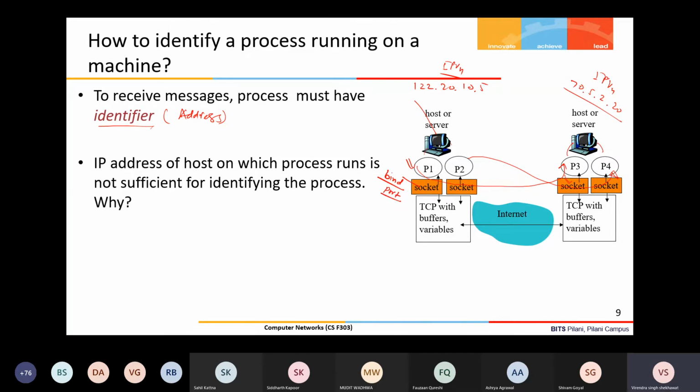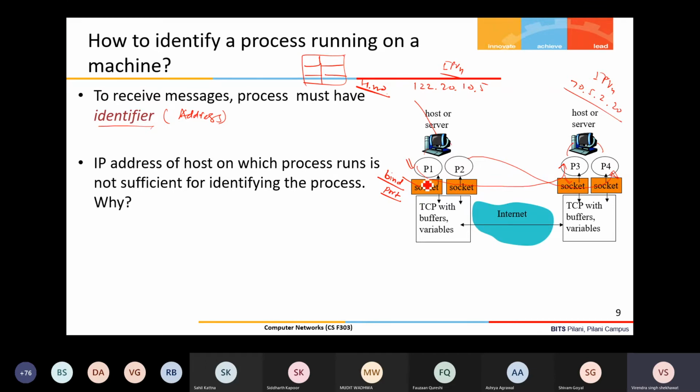Like you have a house, and within the house you have five rooms, or in your hostel you have Krishna Bhavan, and within Krishna Bhavan you have a room number. The port number works as a room number, right? And this port is associated with the socket.